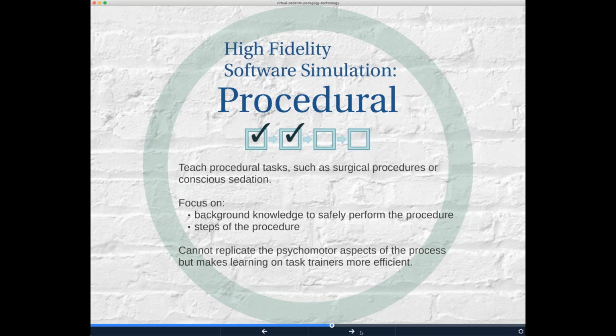The strength of procedural simulations like this is that they provide the background knowledge that people need to know to effectively and safely perform a procedure, and the steps of the procedure, and some of the decision making along the way, like when there might be a sign or an issue that would cause you to change course in how you do the procedure.